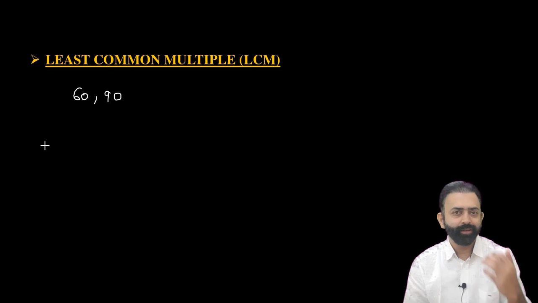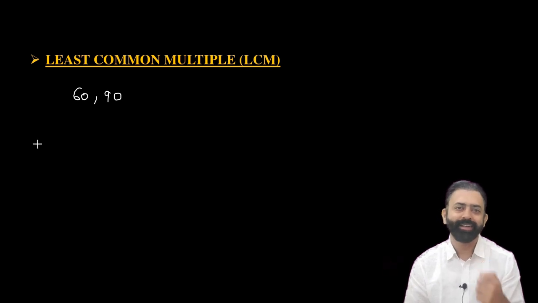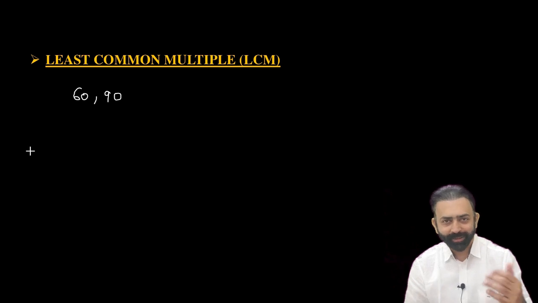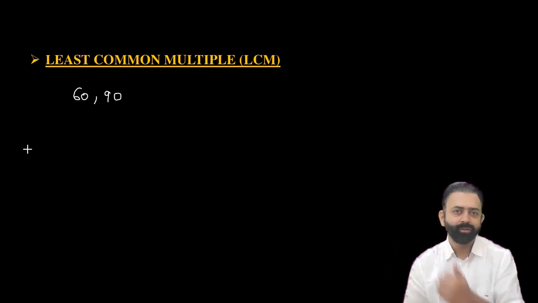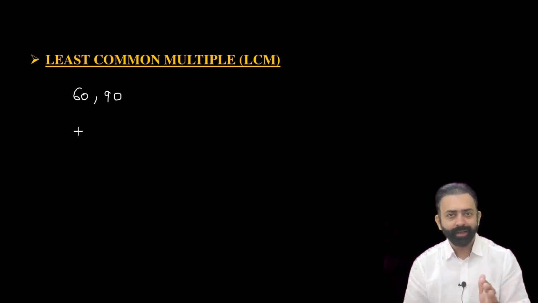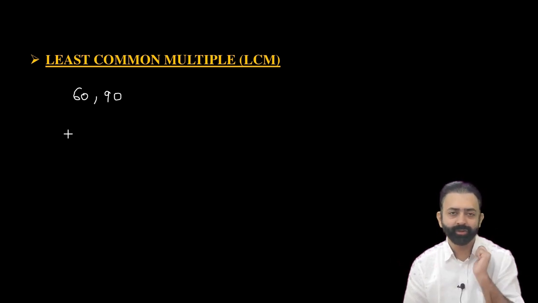Okay, and we will think in terms of multiples of 60 and multiples of 90. So you start writing or thinking about the tables of 60 and 90. The next multiple of 60 is 120, next is 180, right? Then 240 and so on. And similarly for 90, the next multiple is 180, then 270, then 360 and so on.